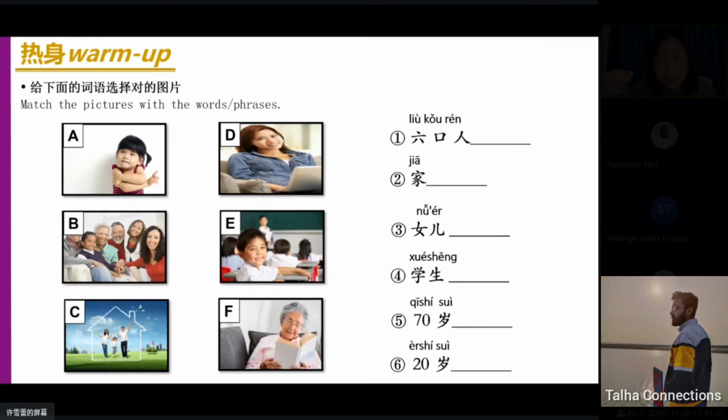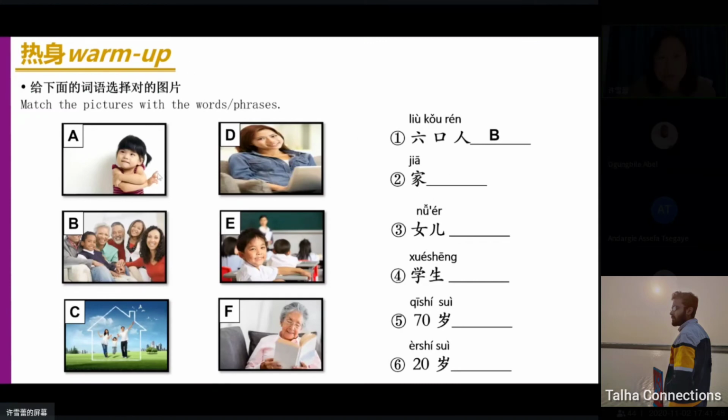Now, that group is like a measure word in Chinese. So 六口人 here, that's 6 people. And which picture shows us 6 people? Good. Picture B, right? Picture B. Very good.